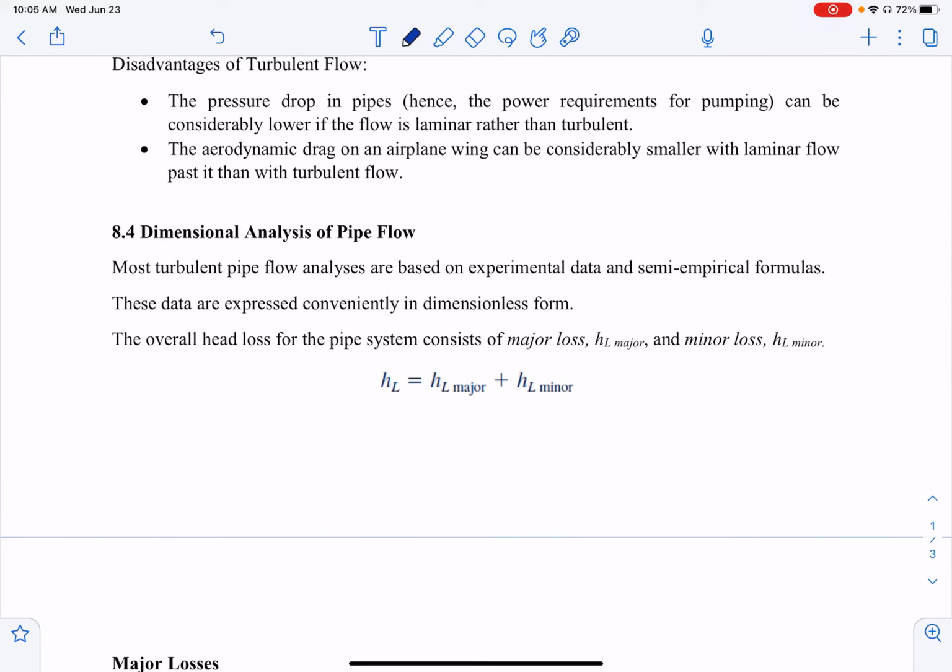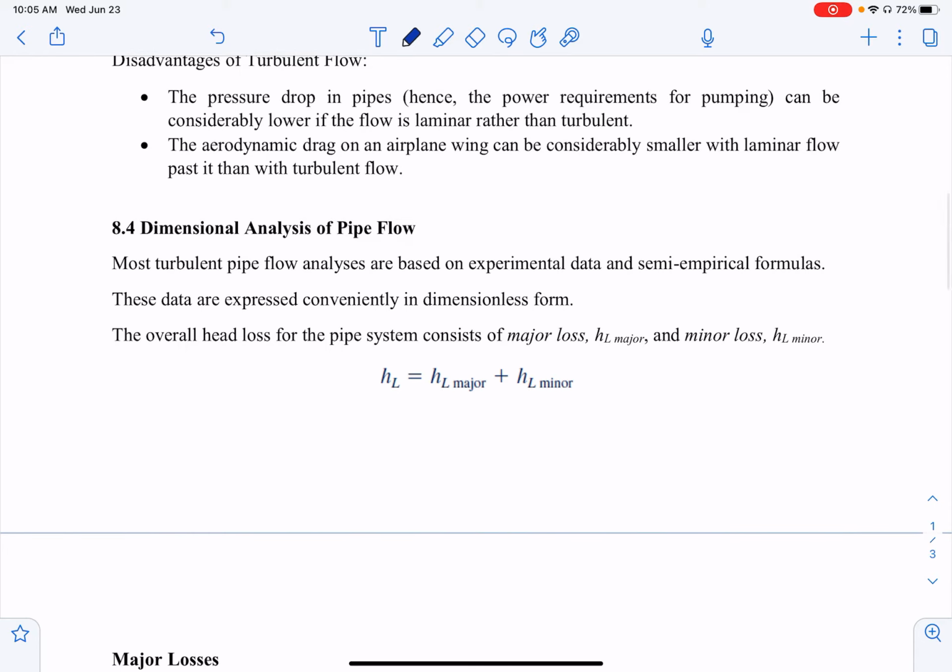So now we talk about how turbulent flow is complex and a difficult topic. It is all because of the randomly fluctuating parameters involved in turbulent flow.